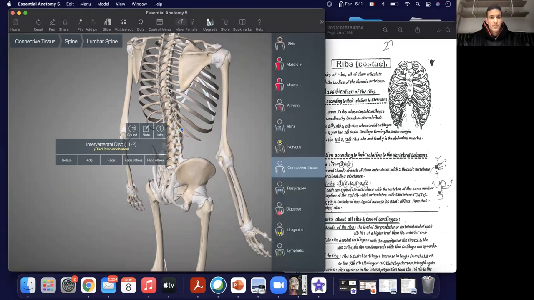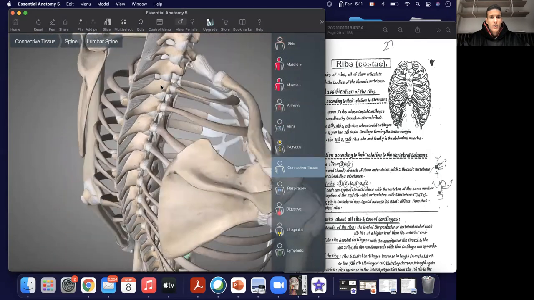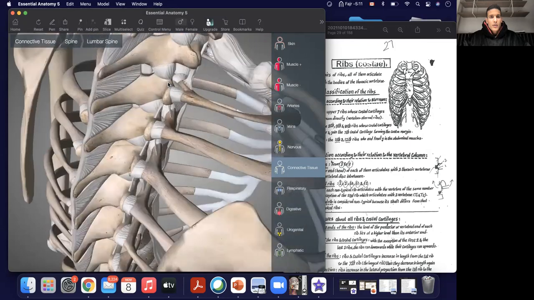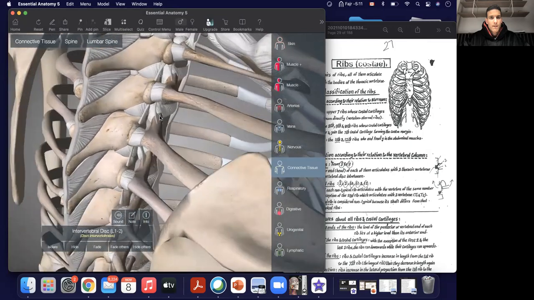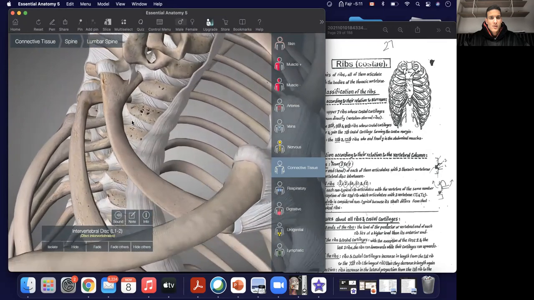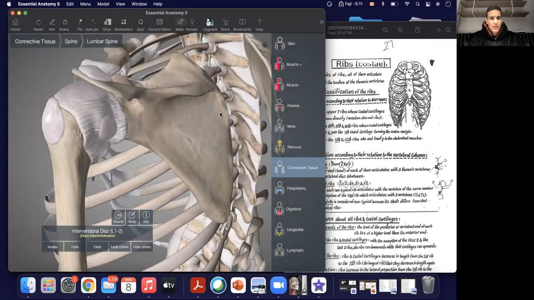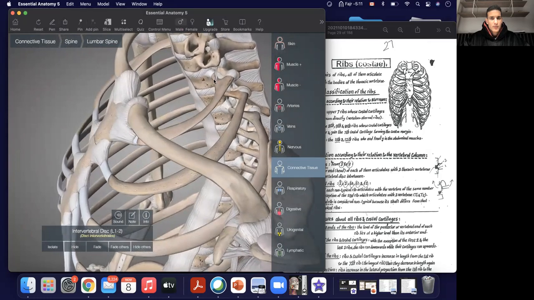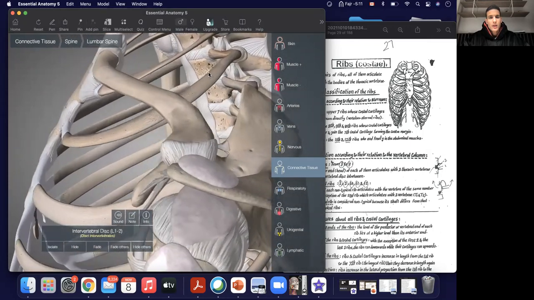Let me show you what this means. We're just going to look at the rib. So you see this part right here?